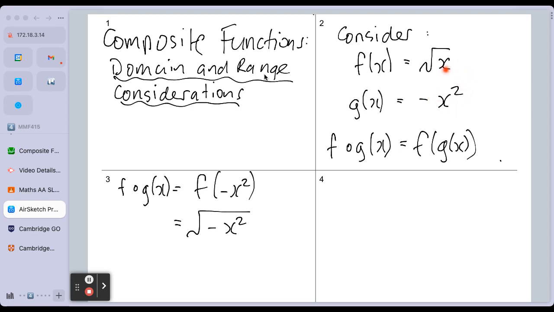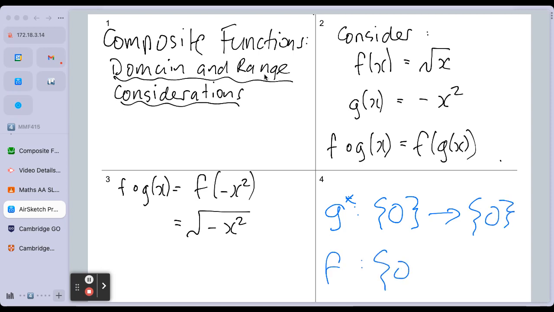The only way you can restrict this one is if you make the range of G 0. So don't write this down, just as a thought experiment. The only thing that works for both of those functions is 0, and so you would have to say G star goes from 0 to 0, which means that F could then take in that 0 and it would output 0.